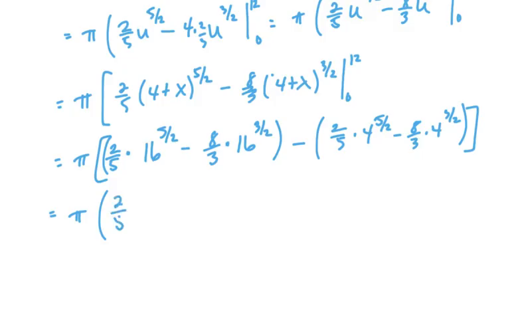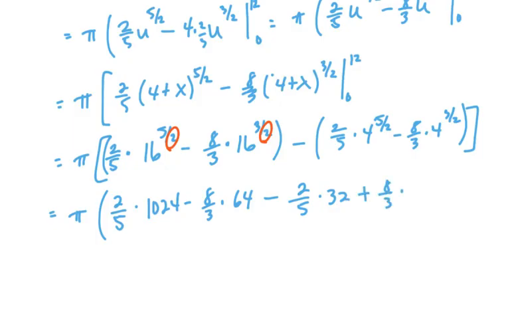So we have 2/5 times, the square root of 16 is 4 to the 5th power is 1024, minus 8/3, and the square root of 16 again, remember this 2 means square root, the square root of 16 is 4 to the 3rd power is 64, minus, we're going to distribute this negative, 2/5 times, now the square root of 4 is 2 to the 5th power is 32, plus 8/3 times the square root of 4 is 2 to the 3rd power is 8.